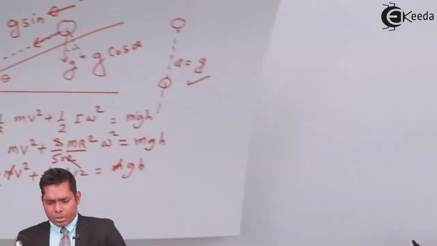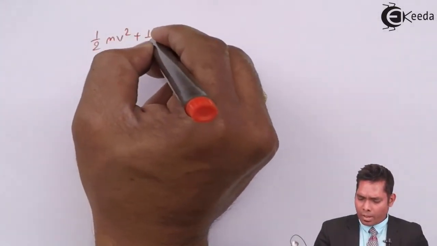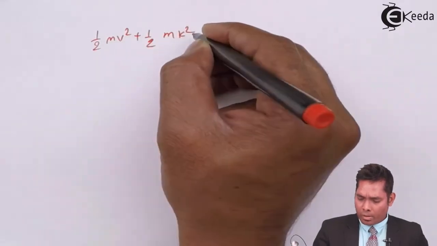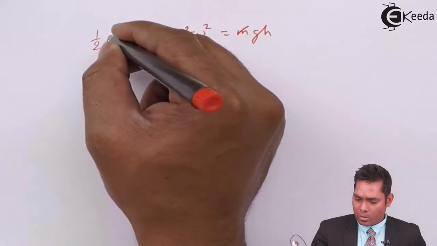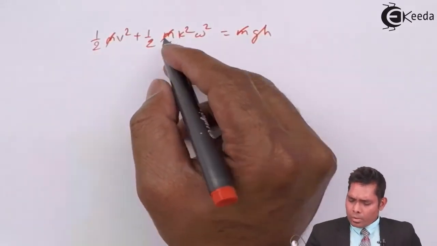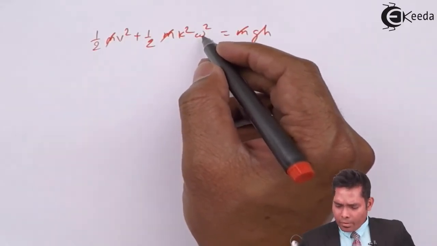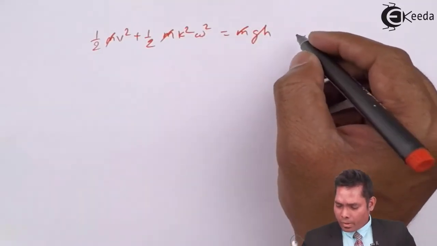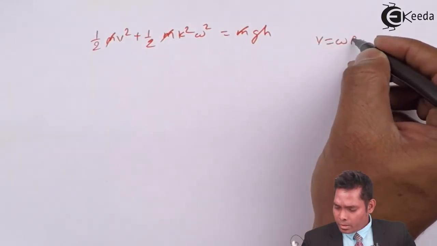But in the general expression, I will write half mv square plus half I, which is m k square, omega square is mgh. M will cancel out. Omega square is v square over r square, because v equals omega r.